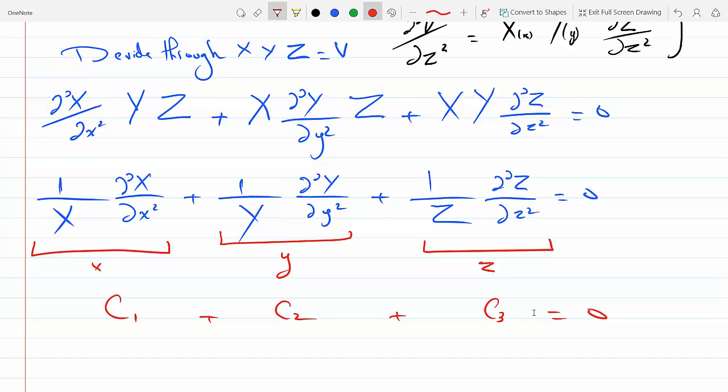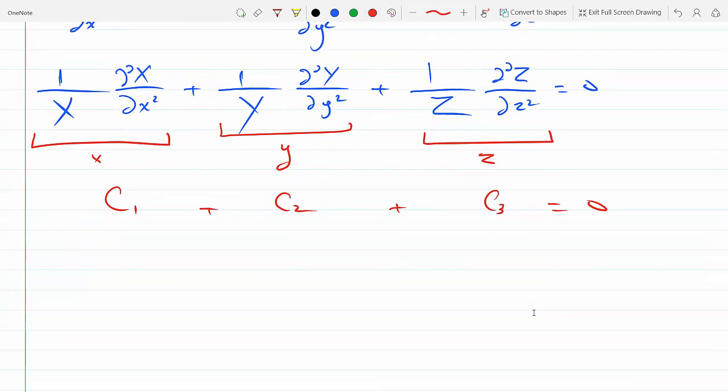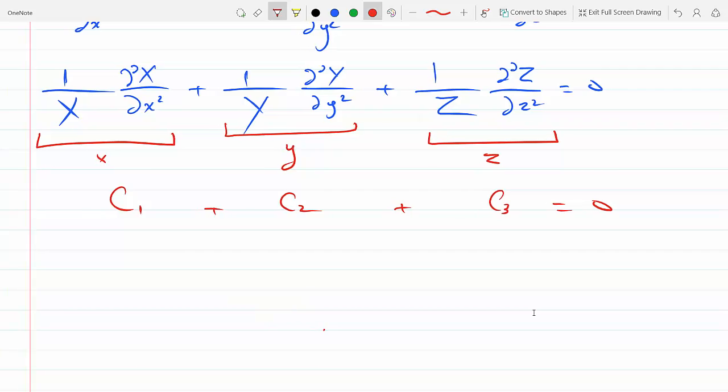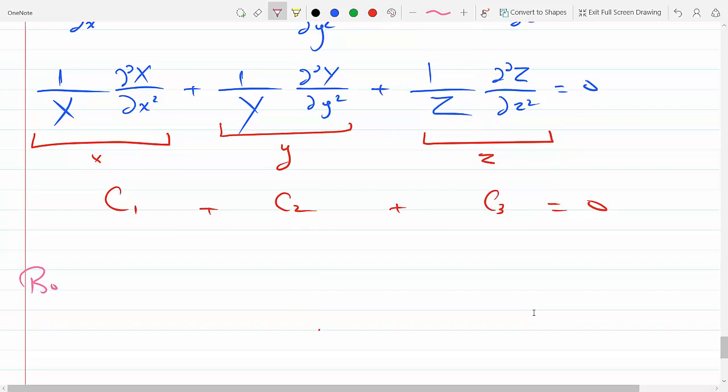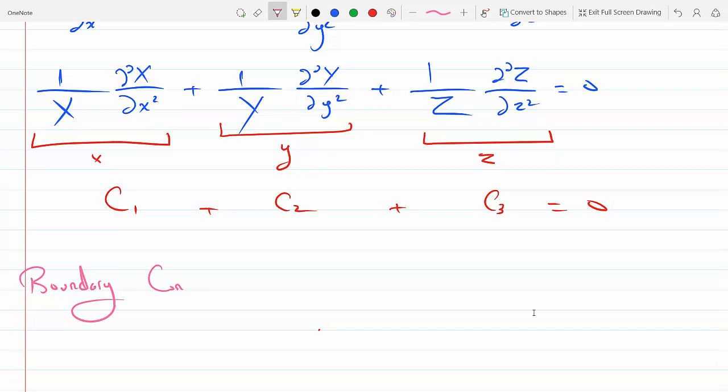According to the boundary conditions. So let's write down the boundary conditions, then we will come back to what each one of those can and will be. So our boundary conditions.